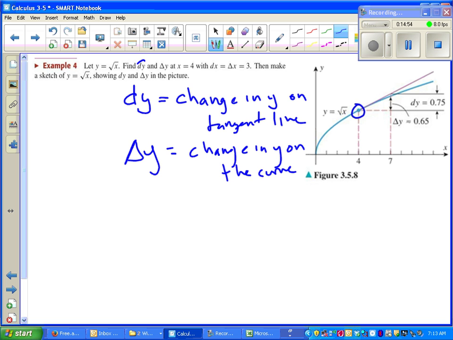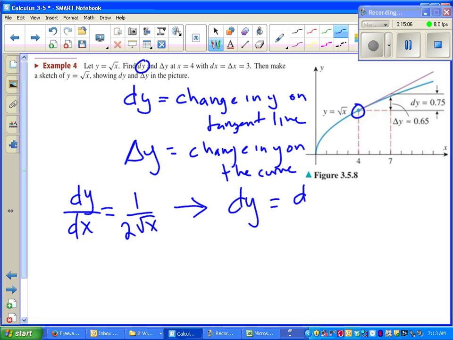So let's find dy. That means we're going to find a derivative. dy dx equals 1 over 2 square root of x, simple derivative. Get it in differential form. And the point we care about is x equals 4.